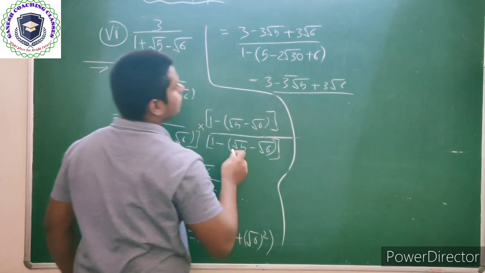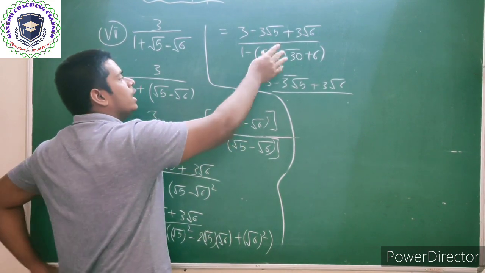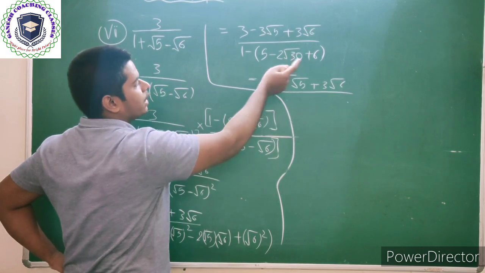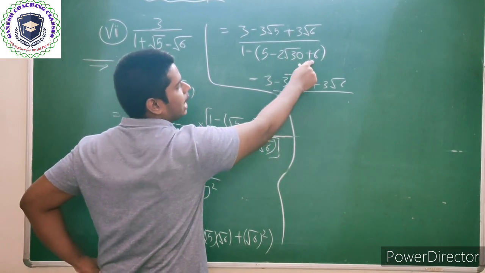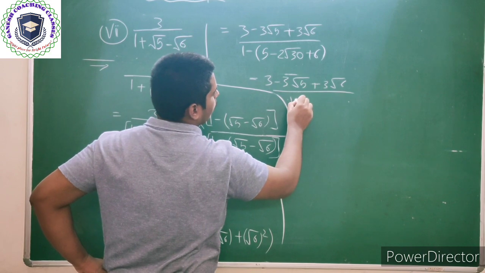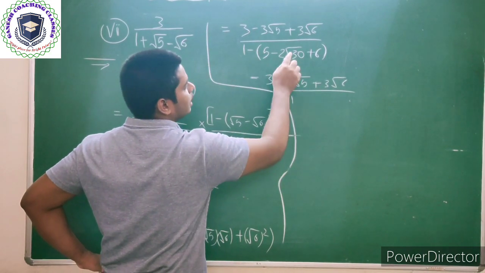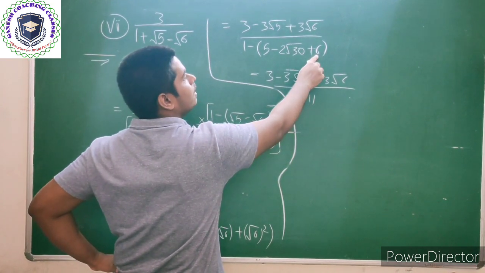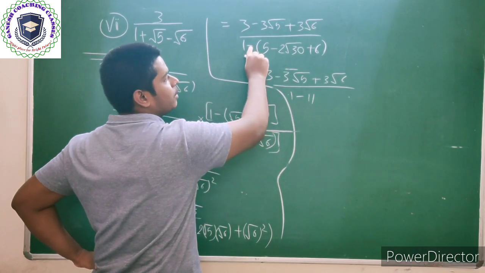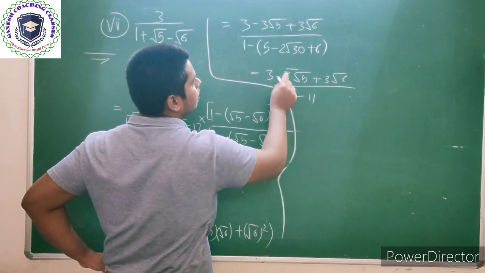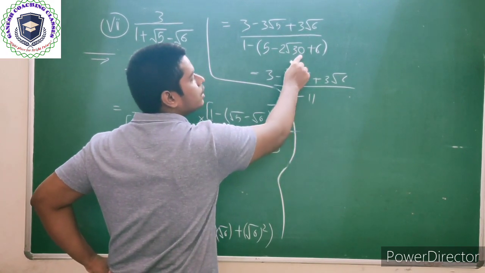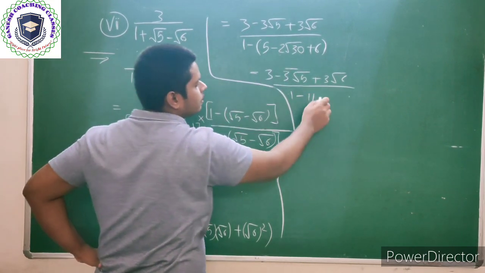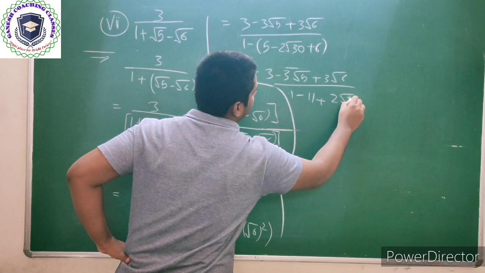In the denominator, we can expand this bracket by multiplying the minus sign. So 5 plus 6 is 11, so here 1, and multiplying the minus sign we get minus 11, because 5 plus 6 is 11 and it carries the plus sign, and minus multiplied to plus becomes minus. Here 2 root 30 contains a minus sign, and outside that bracket a minus is present, so minus minus plus 2 root 30.